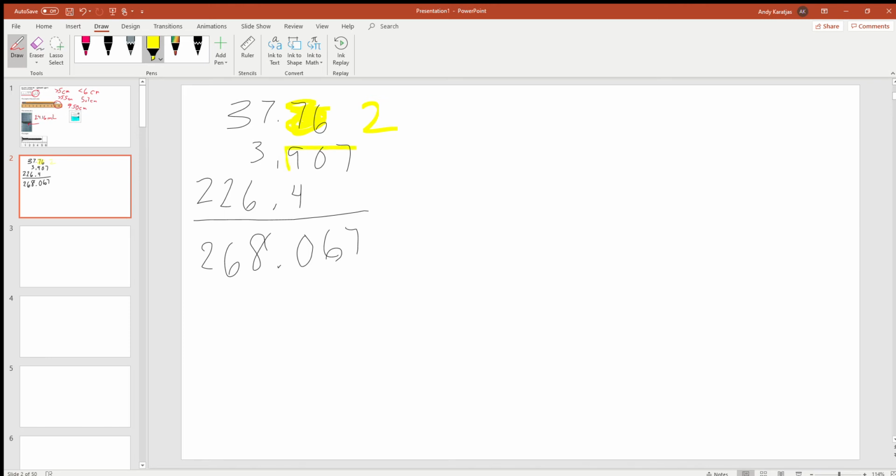Our second number has 3 decimal places, and our last number has only a single decimal place. So that means when we do any rounding in our answer here, we round to the least number of decimal places, which is 1, or the 10th place. And so our answer of 268.067 will get rounded to 268.1.